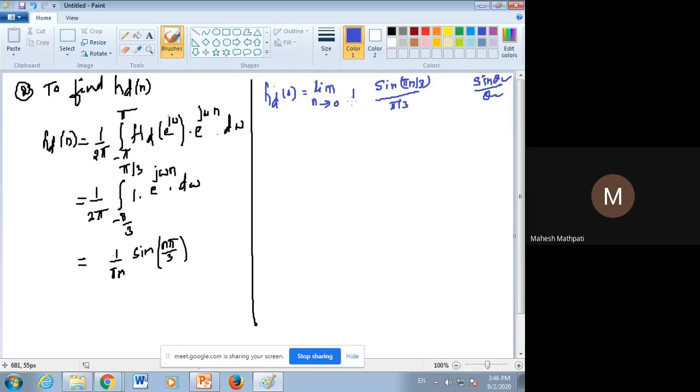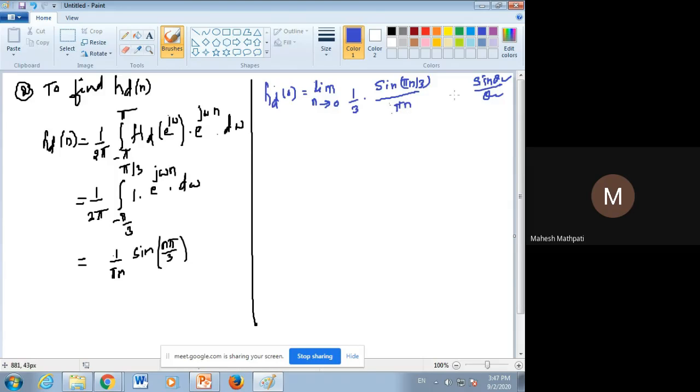So for that I am multiplying and dividing by, I have written this wrong. This is pi n. So that value is not equal.